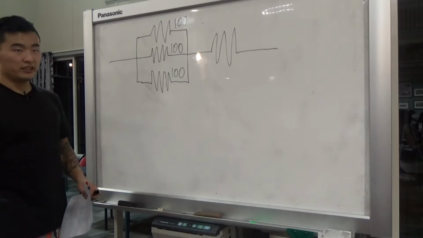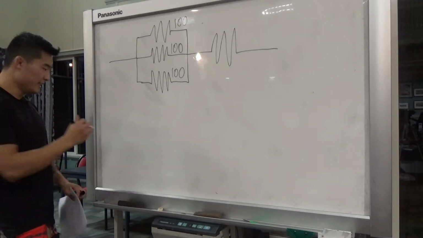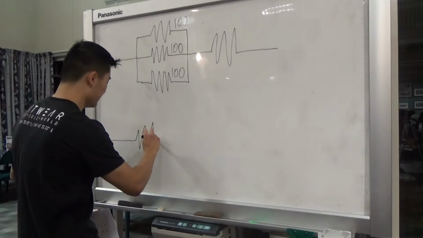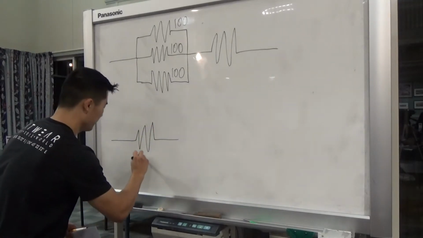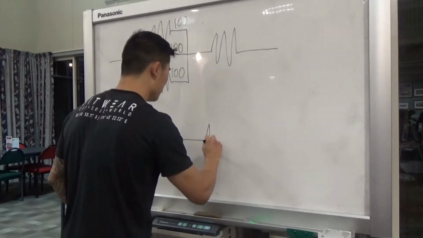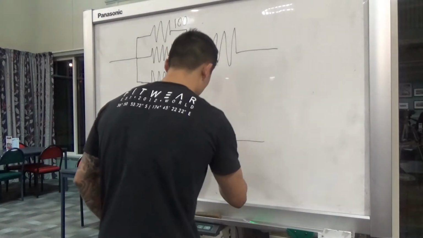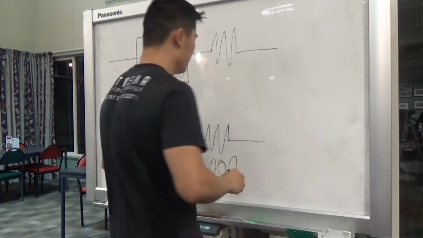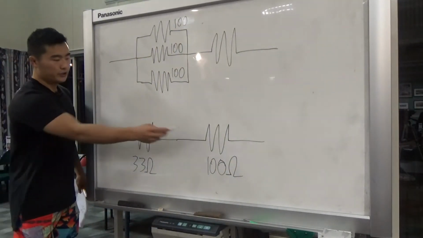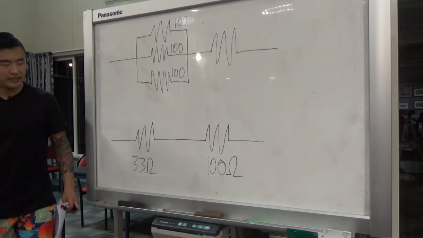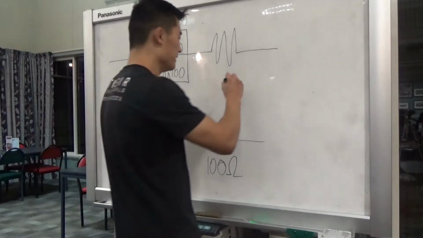So 100 divided by 3, that's just 33. So you can say we have one resistor here that's 33 ohms, and then you have another one which is 100 ohms. So then these two resistors are in series, which means that the total will be 33 plus 100.